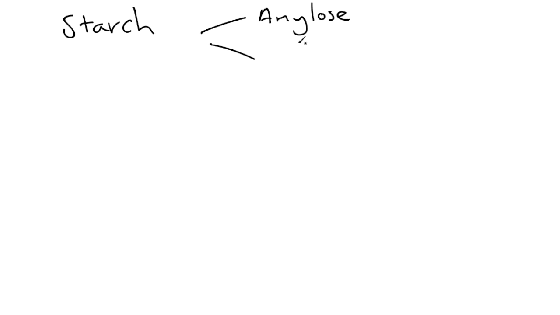So we've got starch, which is made up of two other polysaccharides, amylose and amylopectin. We have the other plant one. I'll do it in a bit of a different order.